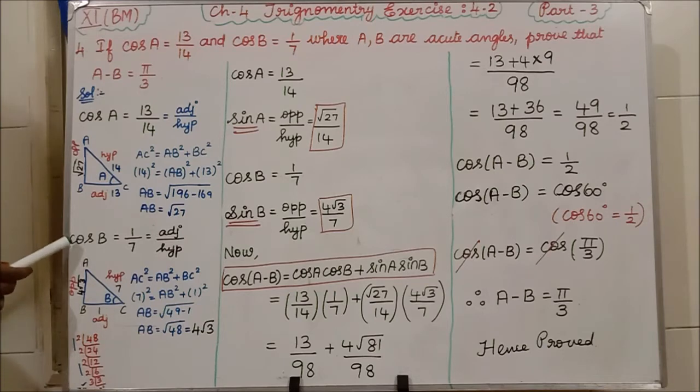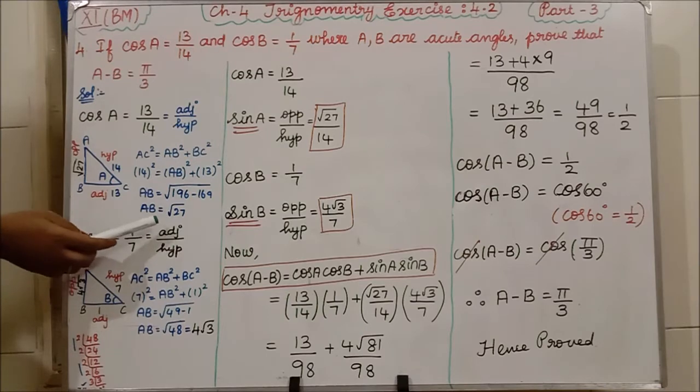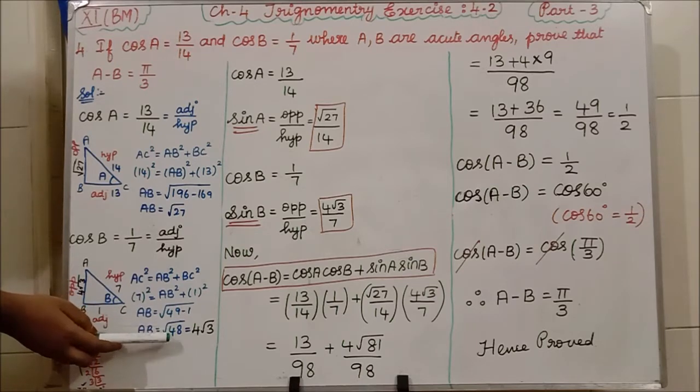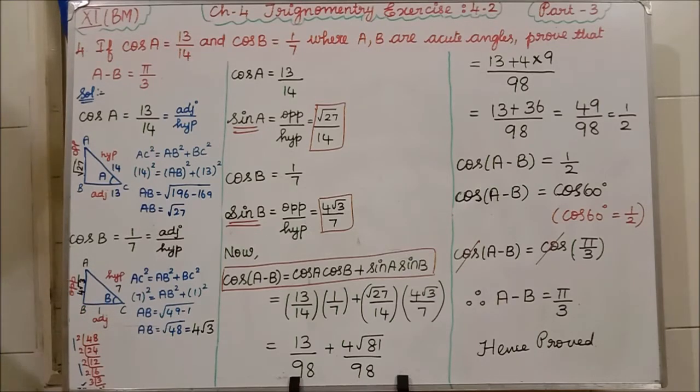Next, cos B equal to 1 by 7 we have. Now what is the cos formula? Adjacent by hypotenuse. Again here also we have two values. Another side value we need. Again I am using the Pythagoras theorem and I am finding the opposite side value is square root of 48. After taking the LCM, I am getting 2 here and 2 pair.